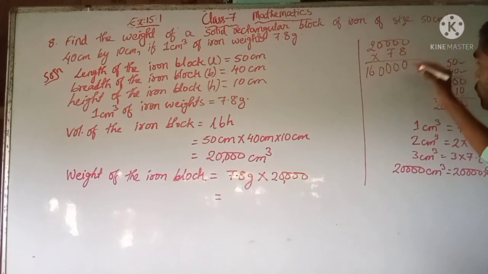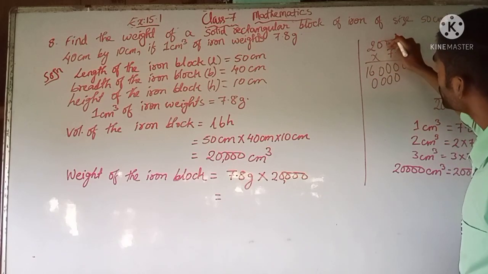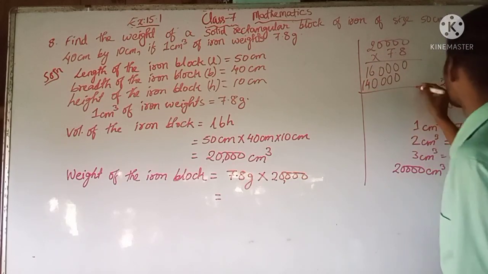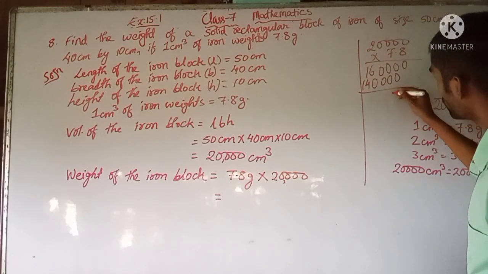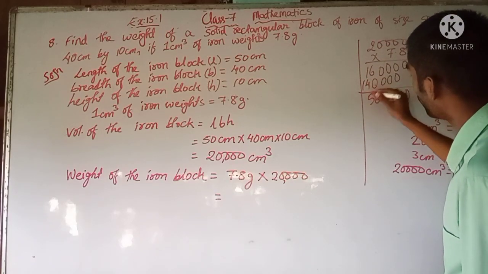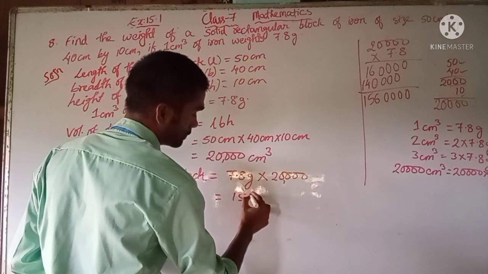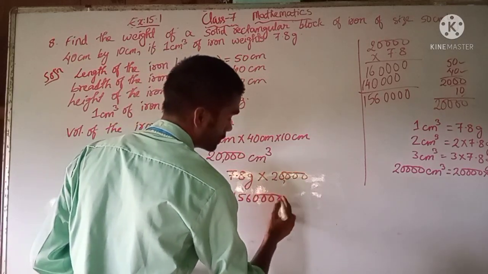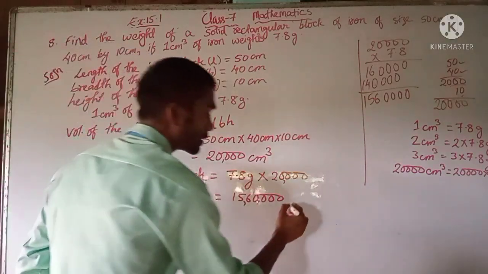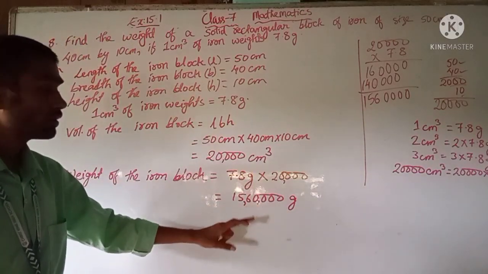Now 7 into 0, it is 0, again 0, 0, 0, then 7 into 2, 14. Now we will add them. 0, 0, 0, 0, 6 plus 0, 6, 1 plus 4, 5, here 1. So we got here 15,60,000 gram.